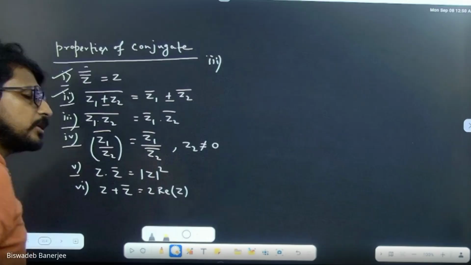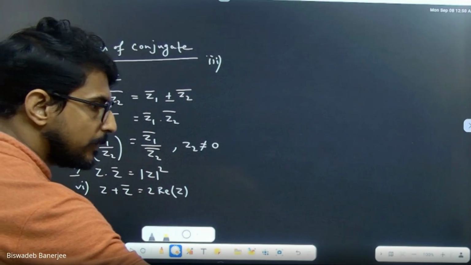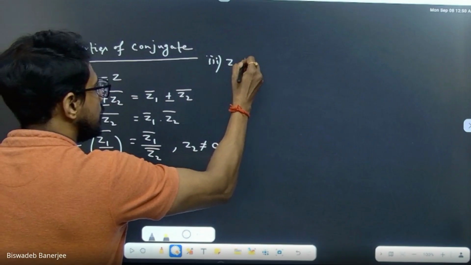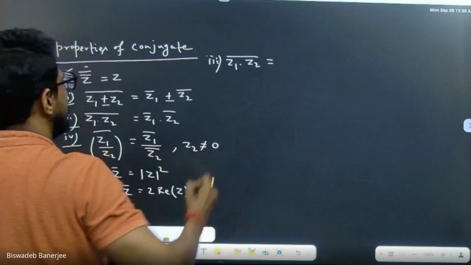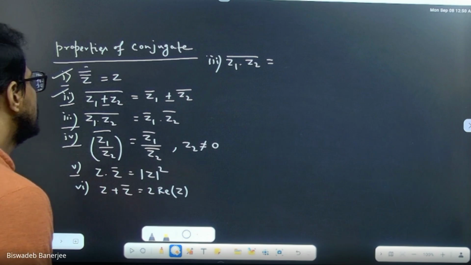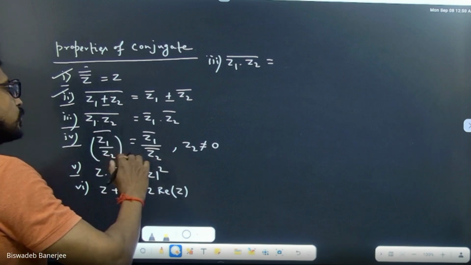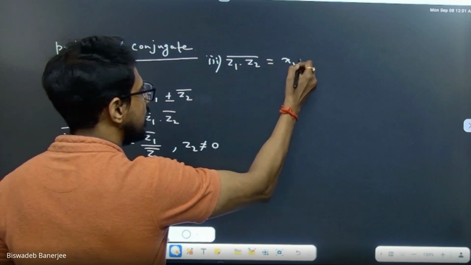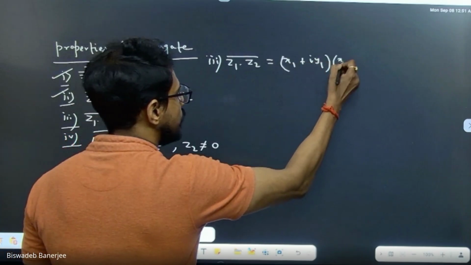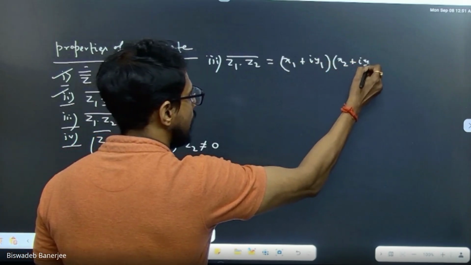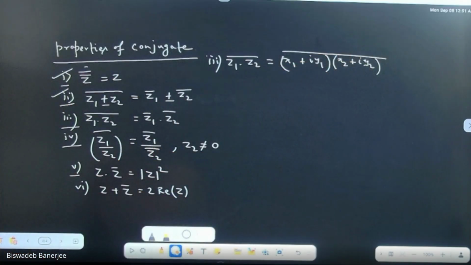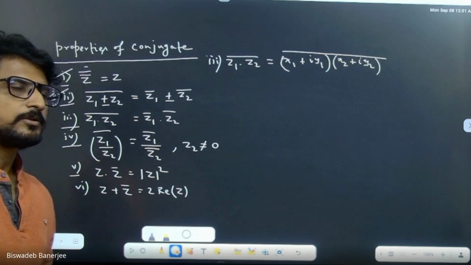My property number 3 is (z1 into z2) whole conjugate. That must be z1 conjugate into z2 conjugate. So z1 into z2: suppose again my z1 is x1 + i·y1 and my z2 is x2 + i·y2, then whole conjugate.